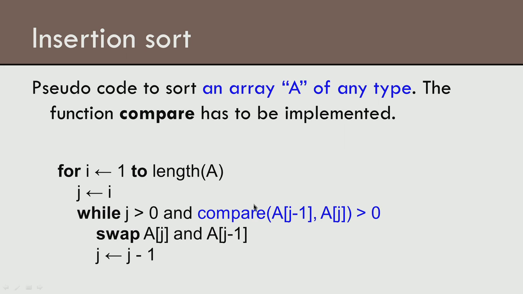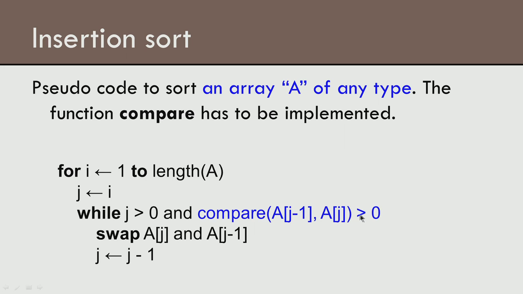In particular, whatever we are going to discuss does not depend on what the elements of the array are, as long as they are of a single type. So we imagine a function called compare, and the result of compare tells us which of the two elements is the larger. Let us assume that the elements are a of j minus 1 and a of j.